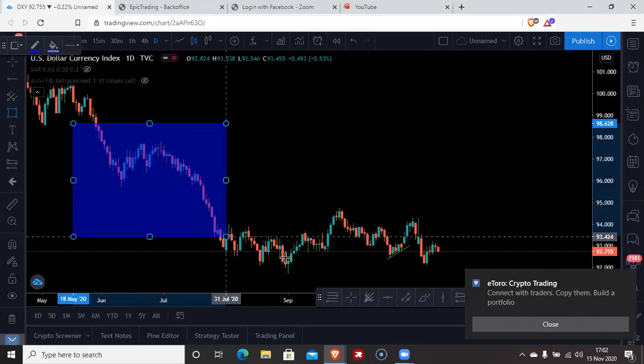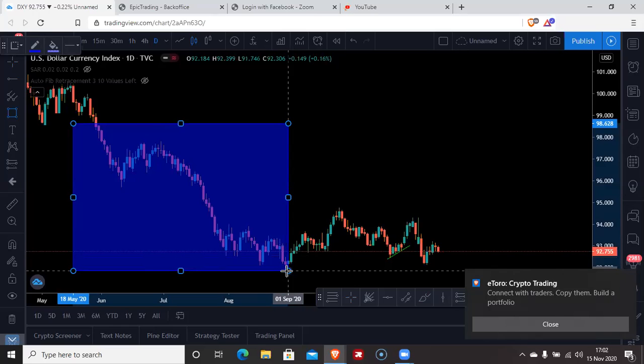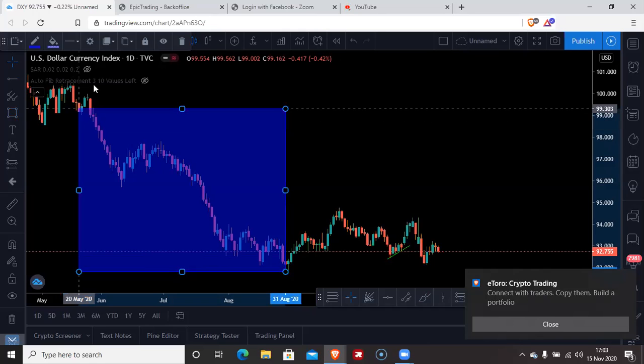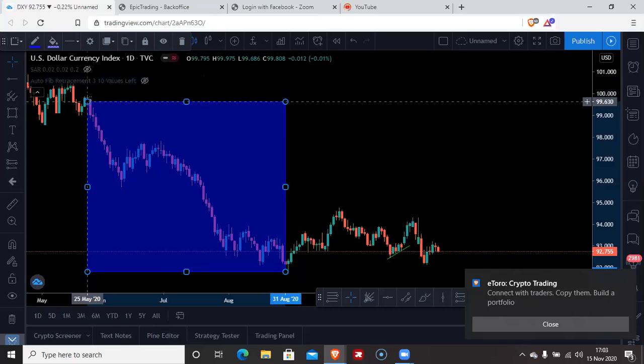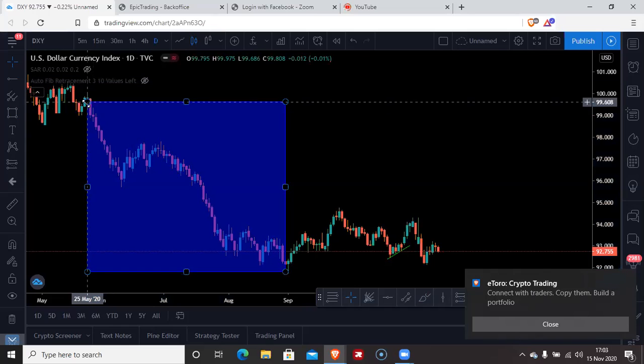Yeah, the lowest right there. I'm going to zoom out more so you can really see it, but for this example right here, I'm going to do this. All right, so for May, let me see, it's May 25th.